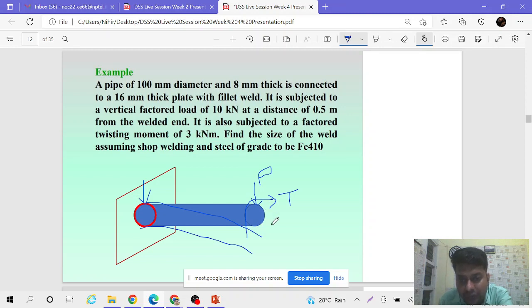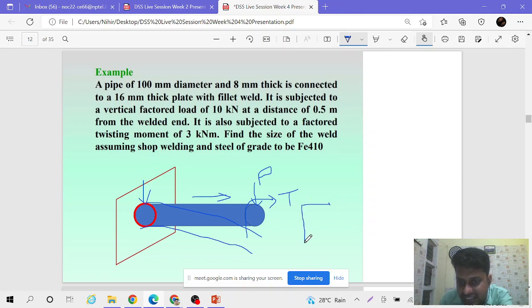So because of this bending, what will happen along this direction? I am not talking about this plane. I am talking about the perpendicular direction to this plane, that is, along its normal direction. Because of this bending, what will happen above the neutral axis? Tension will come.